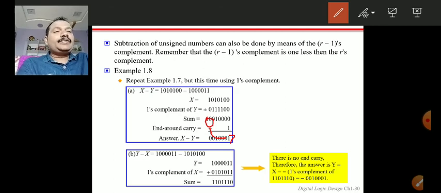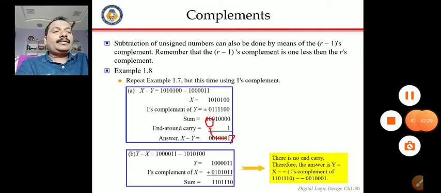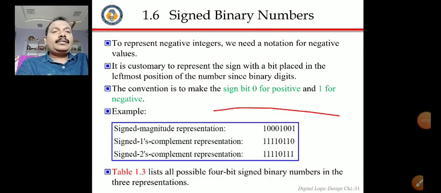Okay, now to represent negative integers in signed form, we need a notation for negative values. It is customary to represent the sign with a bit placed in the leftmost position of the binary digits.